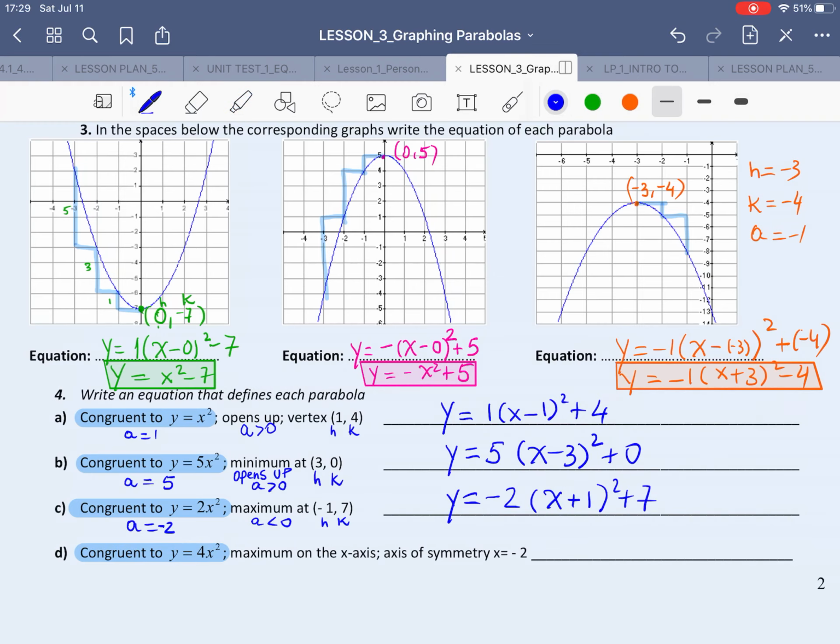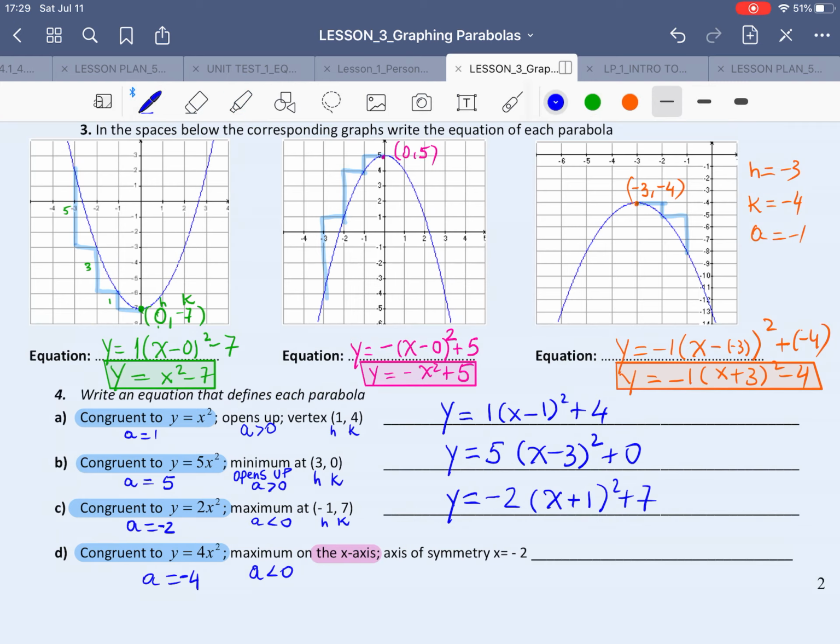The last one is a little bit more interesting. So we have congruent to y equals 4x squared, so that means a is 4. It has a maximum, so we're going to say a is negative, so -4. The maximum is located on the x-axis. Now, this is a different kind of story, so let's look into this.